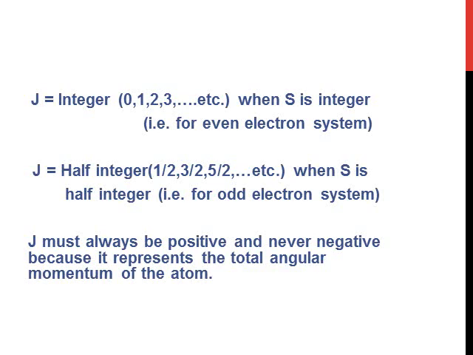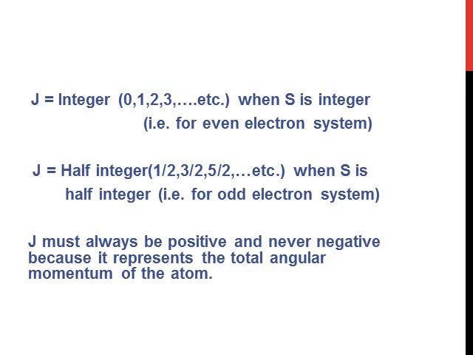Therefore, the total angular momentum of the atom J is an integer when S is an integer, which is for an even electron system, and J is a half integer, that is 1 by 2, 3 by 2, 5 by 2, and so on, when S is a half integer, which is for an odd electron system.